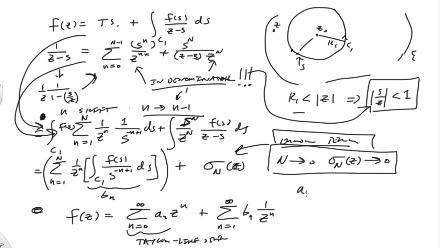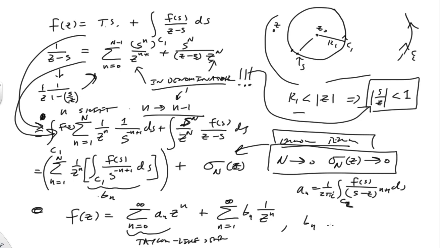And now again, an is going to be equal to 1 over 2 pi i, integral over c2, the bigger contour around here, of f of s over s minus z to the n plus 1 power ds.